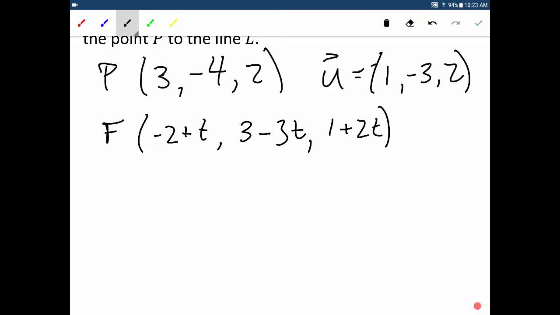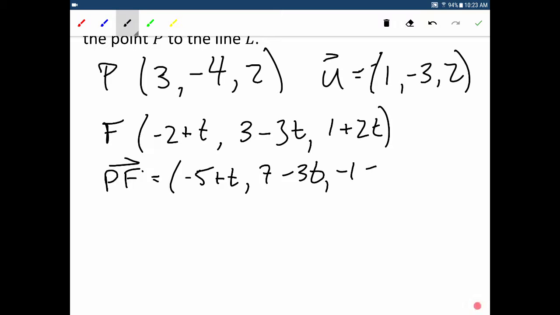Okay, so our PF vector is then going to be -5 plus t, 7 minus 3t, and -1 plus 2t.